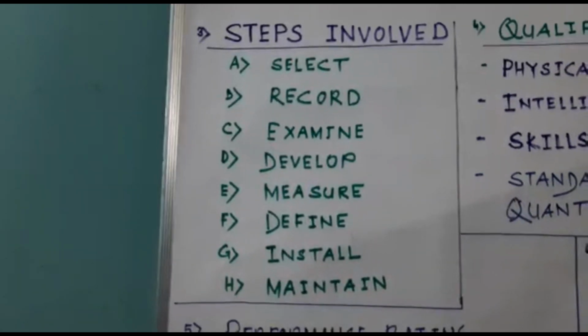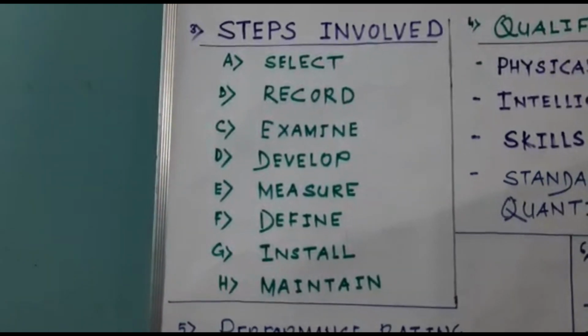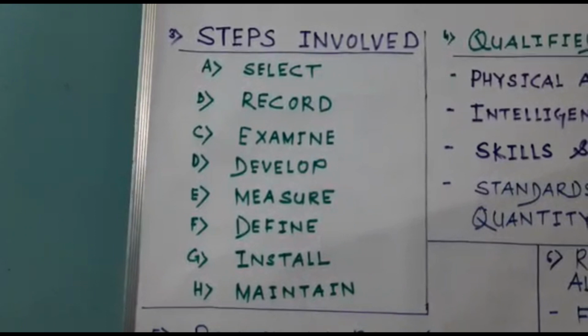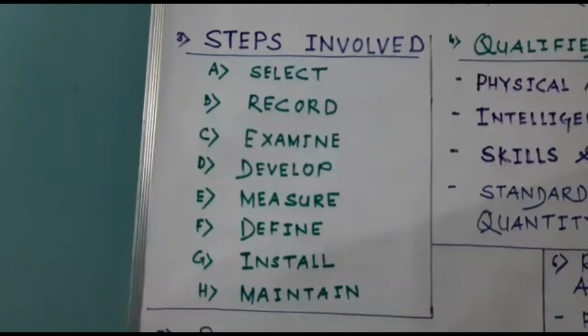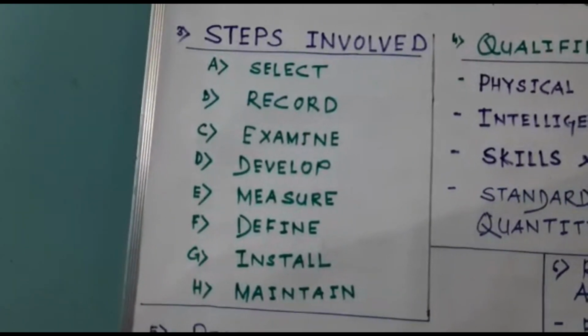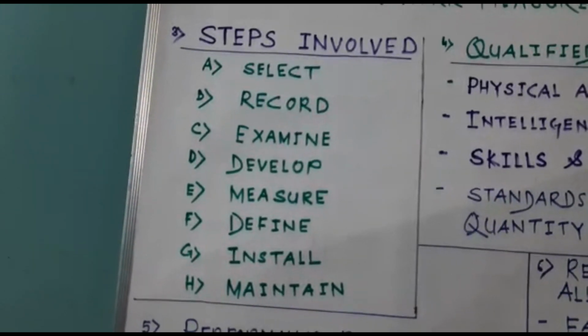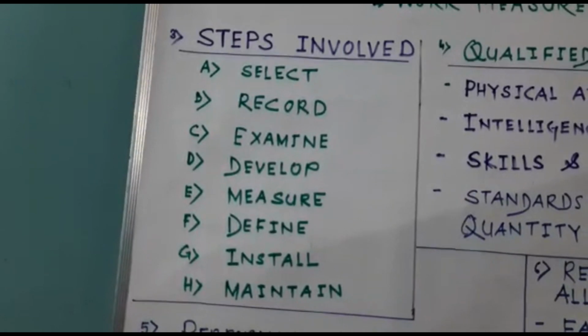Then we have seen the steps involved in carrying out work study. The three steps, select, record, examine, are common steps to be carried out irrespective of method study and work measurement, whereas the fourth step, develop, refers to method study, and the fifth step, measure, refers to work measurement.